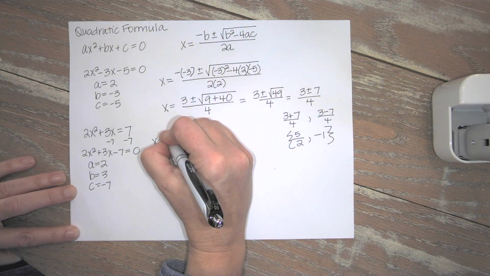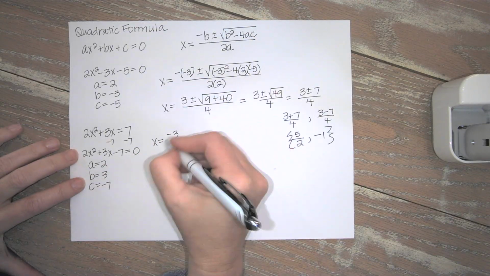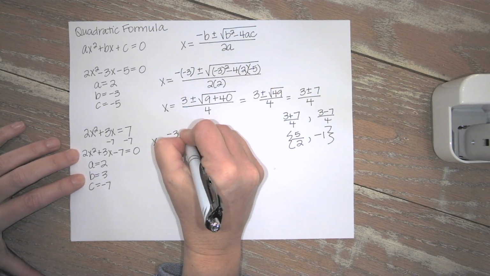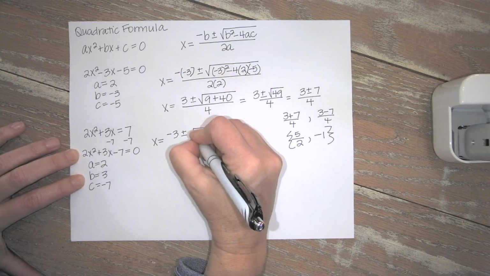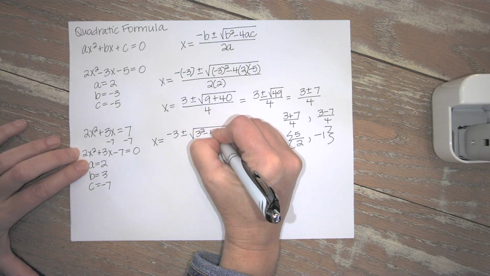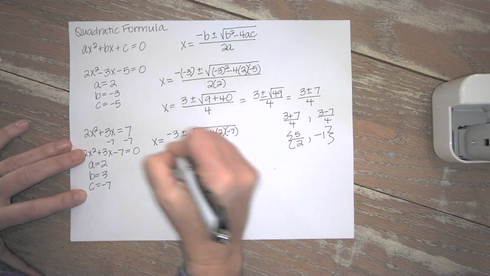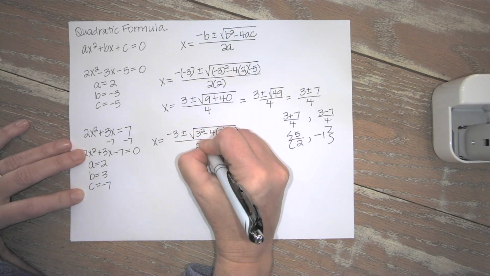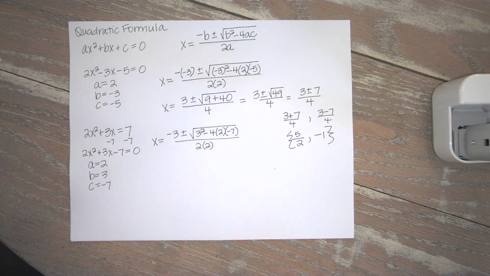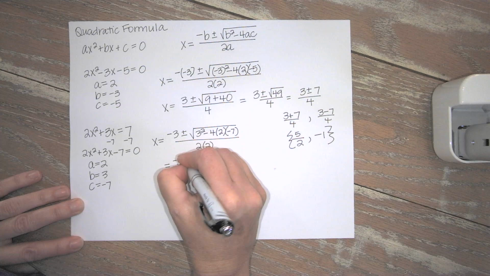We're going to have the opposite of B, so that's going to be negative 3, plus or minus the square root of B squared minus 4 times A is 2 and C is negative 7, all over 2 times A. Okay, now we have negative 3 plus or minus.